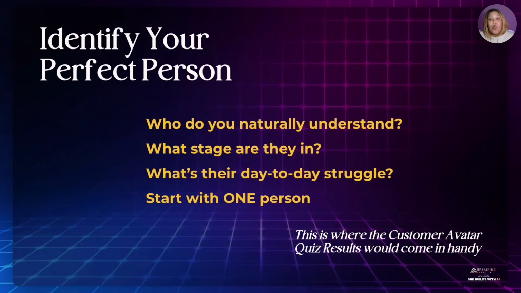Same as me. So once you've chosen one person, and think of this as a person, your customer avatar is a single human being, right? My customer avatar has a name, okay? She has a name. All right. Yours should have a name too. And your messaging becomes easy because you're always speaking to that avatar on that paper.